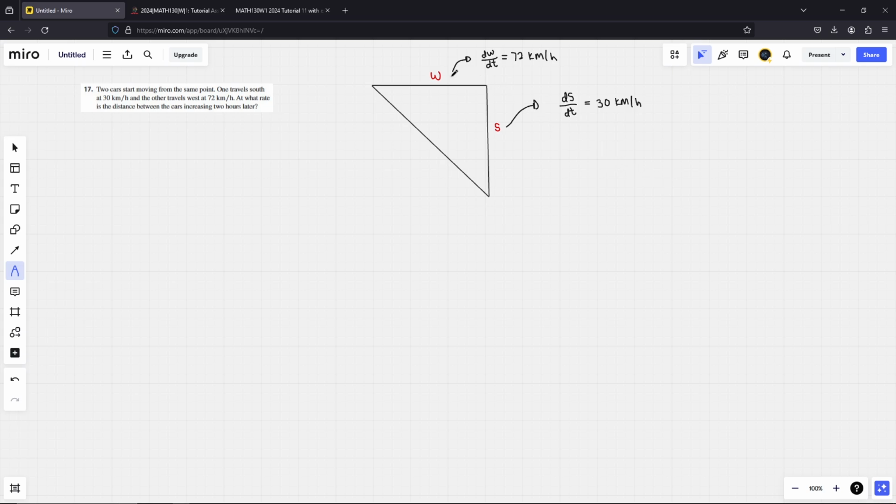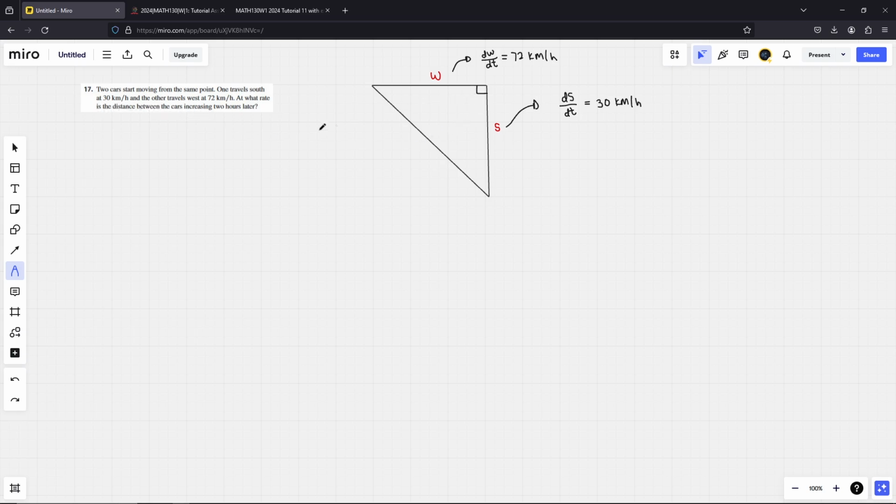Okay, now we have a car traveling west, which is this way, and a car traveling south, so hence we've created a right angle triangle if we connect this distance. And they want to know at what rate is the distance between the cars increasing 2 hours later.